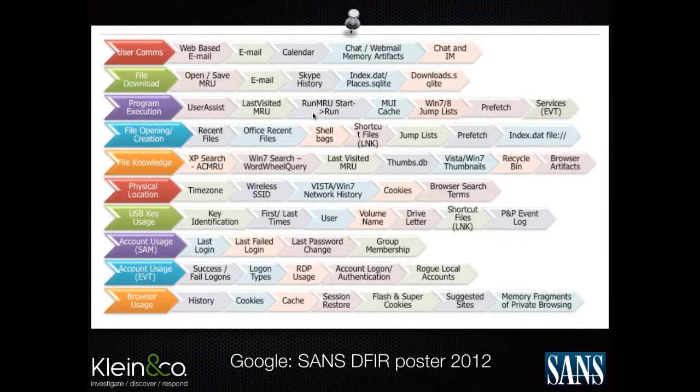If you Google SANS DFIR poster 2012, it'll take you to the SANS DFIR website, and you'll see there's a PDF poster download available. It has this diagram, but in each box, rather than just a label, it describes what the artifact is, in brief terms. What is the artifact? How could it be useful? Where is it? And I think it also has some tools that you could use to get it.